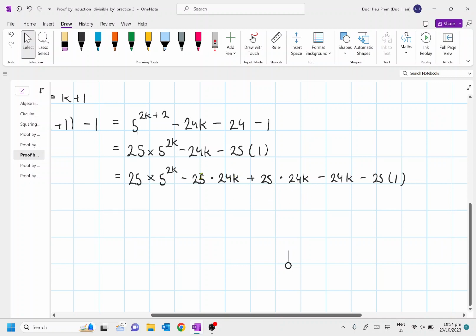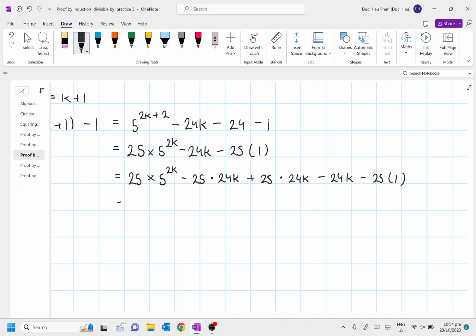What we're going to do is factorize, and I'm just going to rearrange this to make it easier to look at. So 25 times 5 to the power of 2k minus 25 times 24k minus 25 times 1, and then we're going to have the rest of the stuff here.